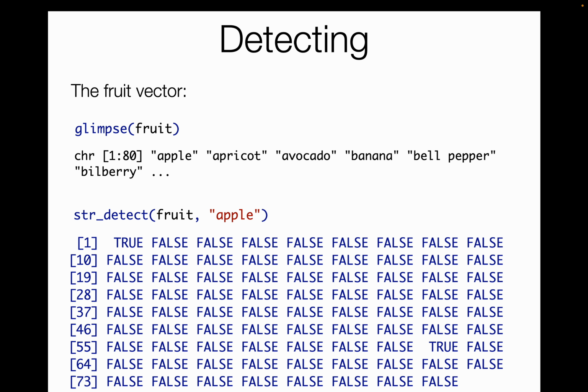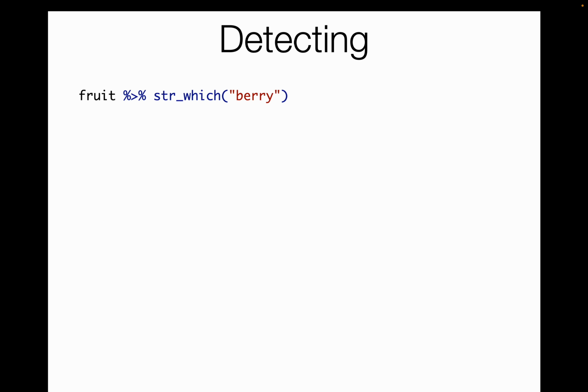So it doesn't have to be an exact match of the entire character. It can match part of it. Okay, so detect which elements of the vector contain berry. There's a lot of berries in fruits, and so it gets us a fair number of elements. Notice we didn't get trues or falses back.